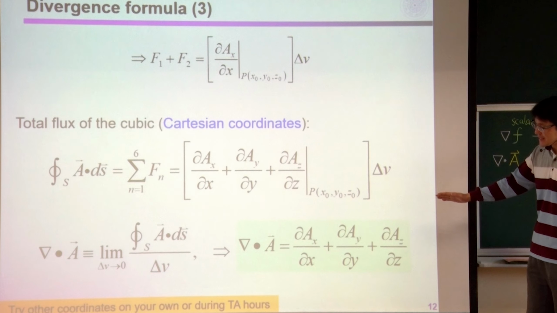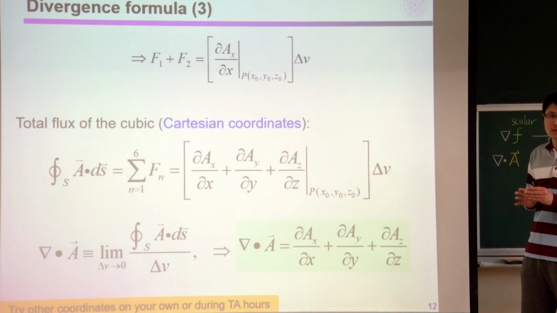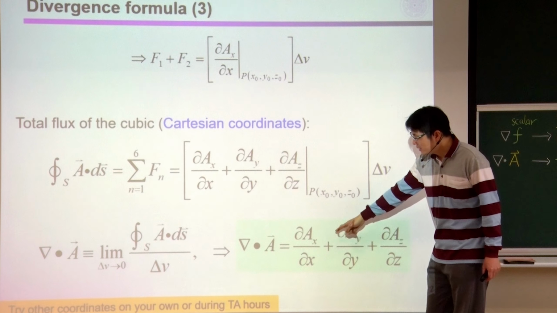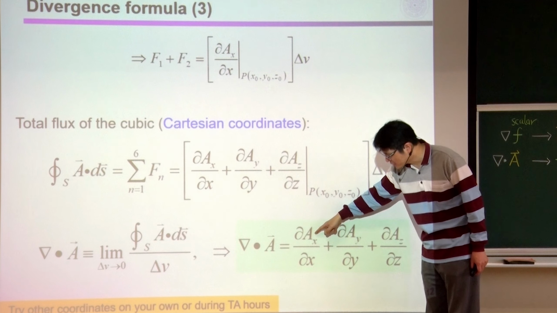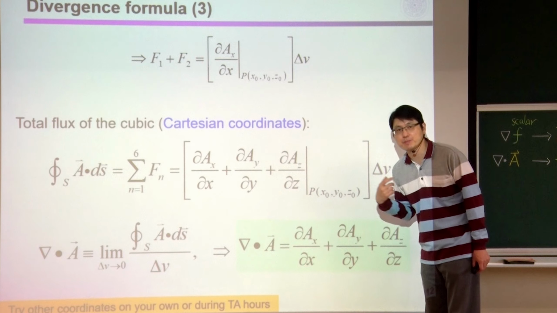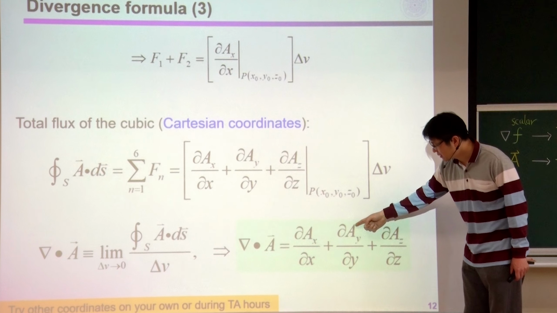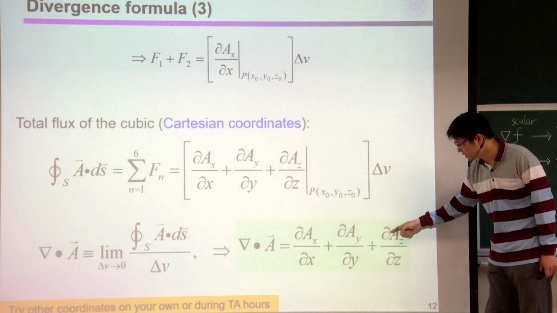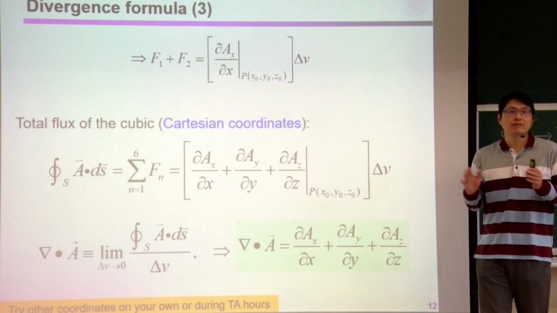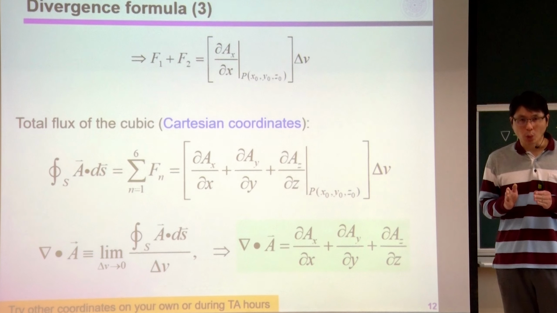So for Cartesian coordinates, the divergence formula is extremely easy. Each component has its partial derivative in that corresponding direction: ax del x, ay del y, plus az del z. That's the divergence of A in the Cartesian coordinate system.